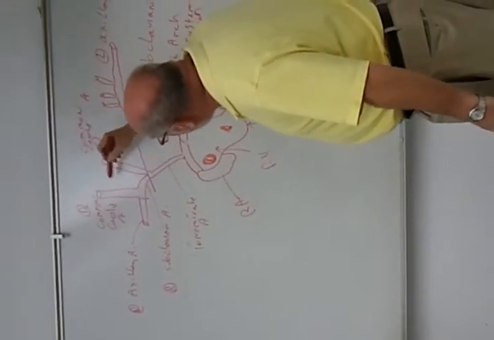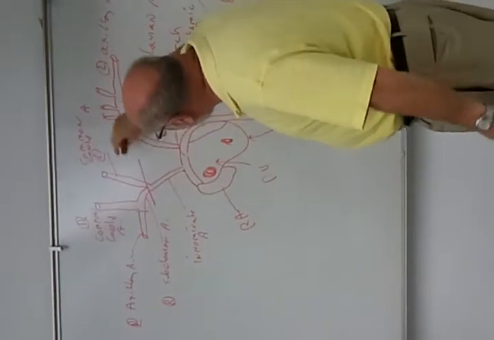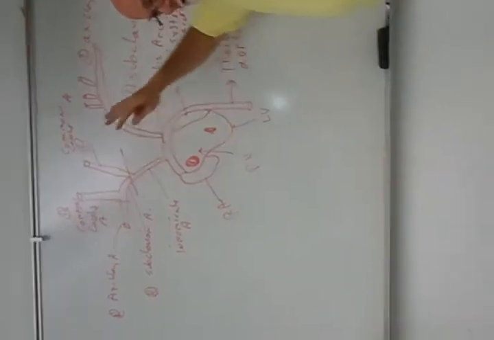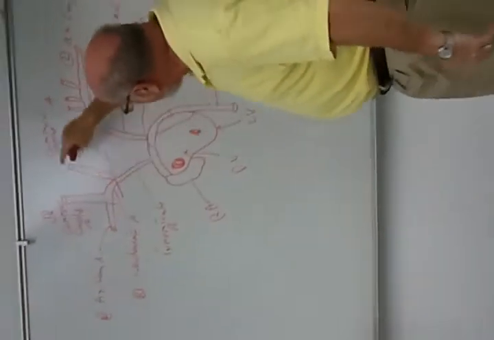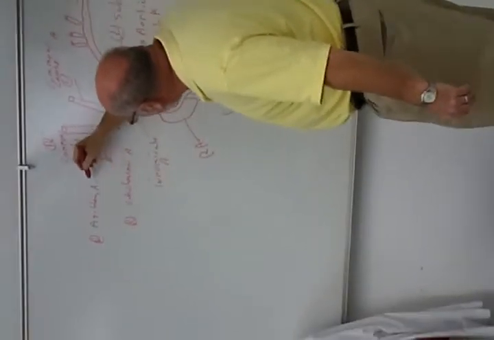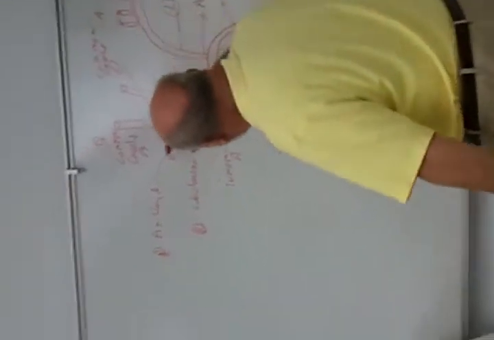And when it gives off the right common carotid, and the size of these vessels, please don't put any meaning into that, because that's just me drawing. After it gives off the right common carotid, then it becomes the axillary artery. Okay. And that's as far as I took it, I think, on your assignment sheet.